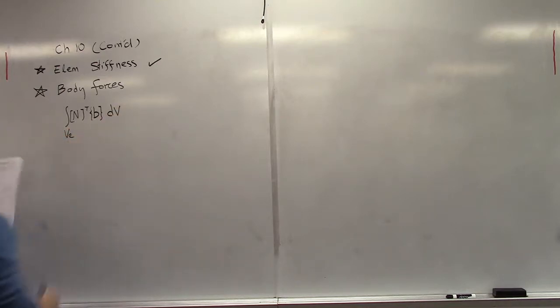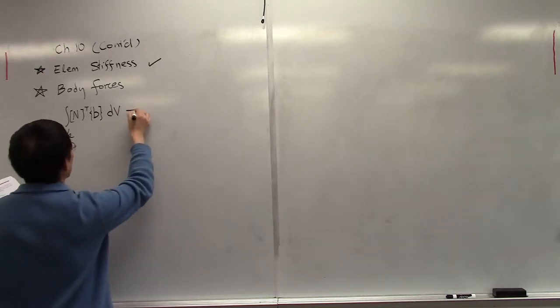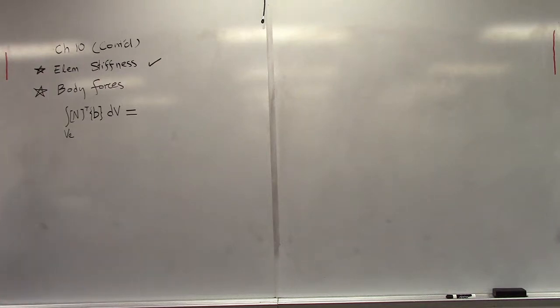Okay, so this is the body force term. Okay, let's look at this term and see what is the physical unit of that term. It is important to understand that.